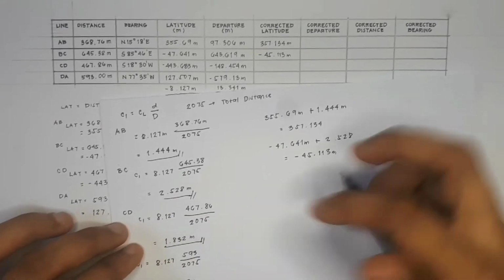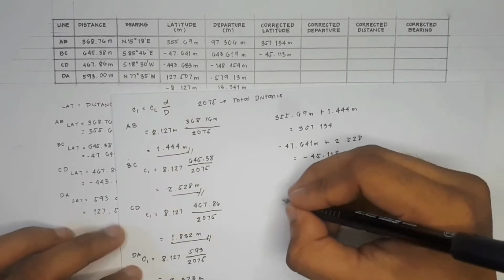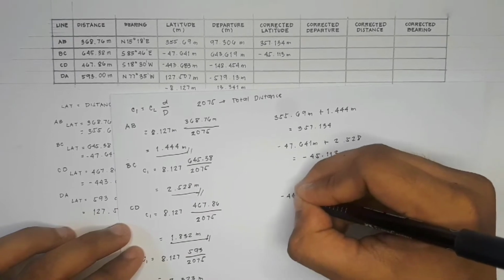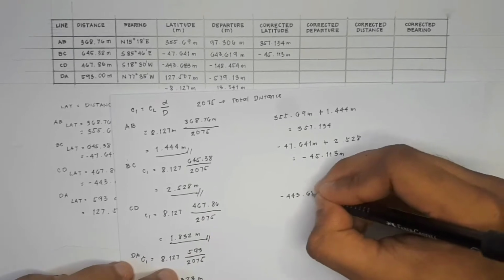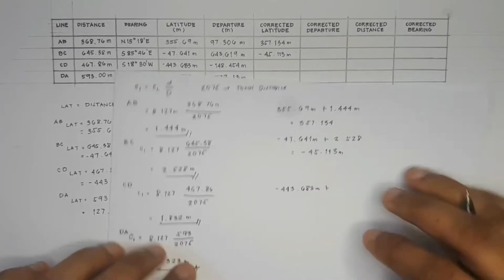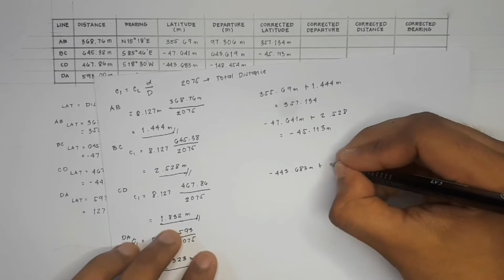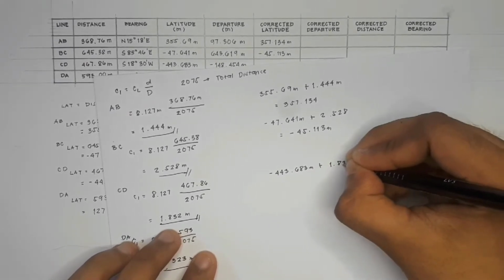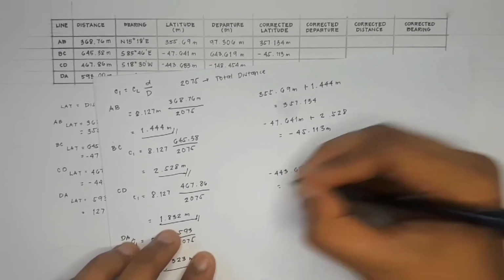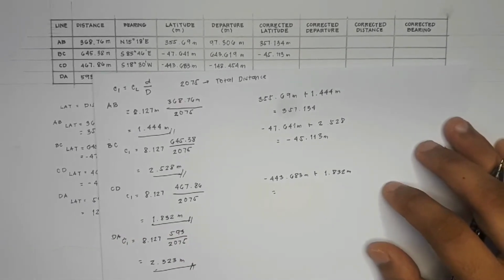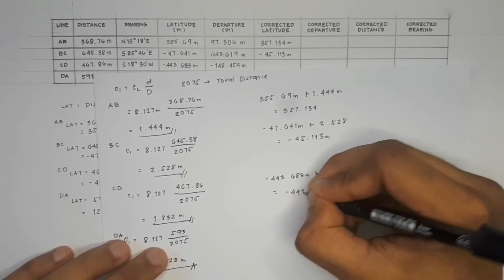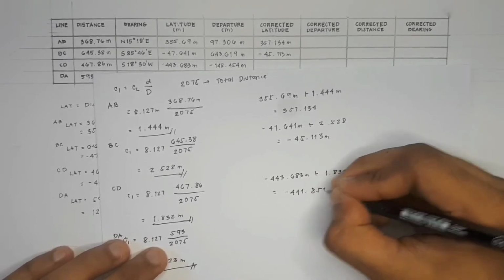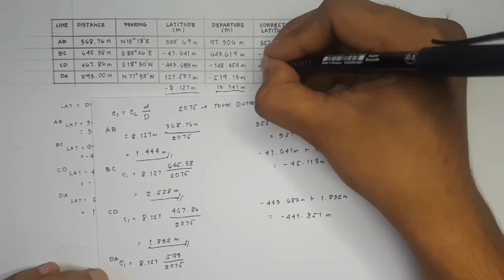Next we have CD. The latitude for CD is negative 443.683 meters, plus the correction of line CD, which is 1.832 meters, and this will give us negative 441.851 meters.